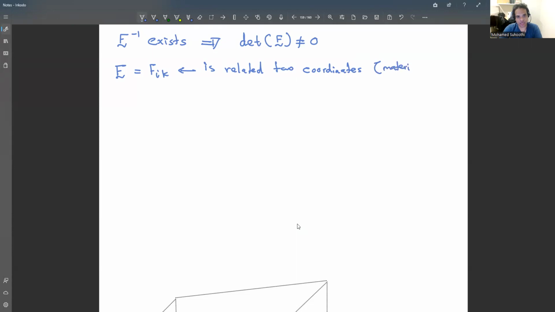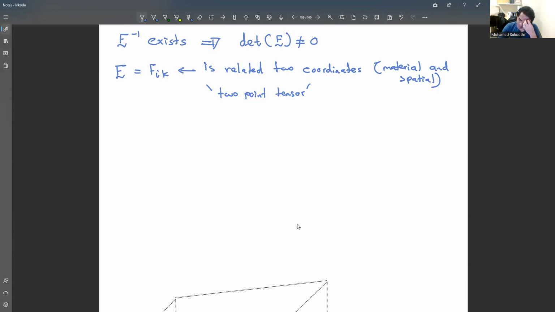Material coordinate, Lagrangian, and Eulerian, spatial. So this is combining both coordinates. Because of that, some books call this a 2-point tensor.